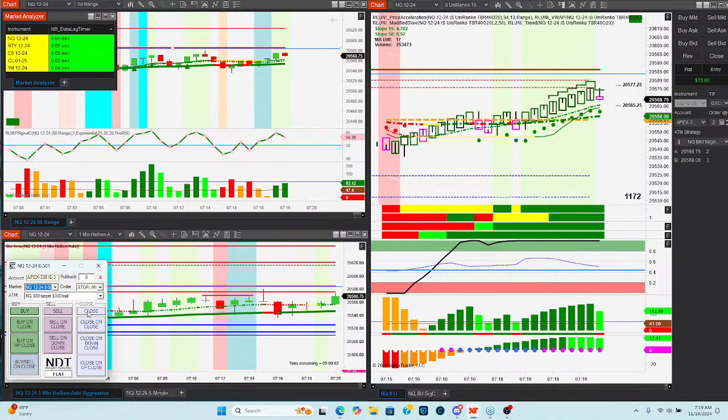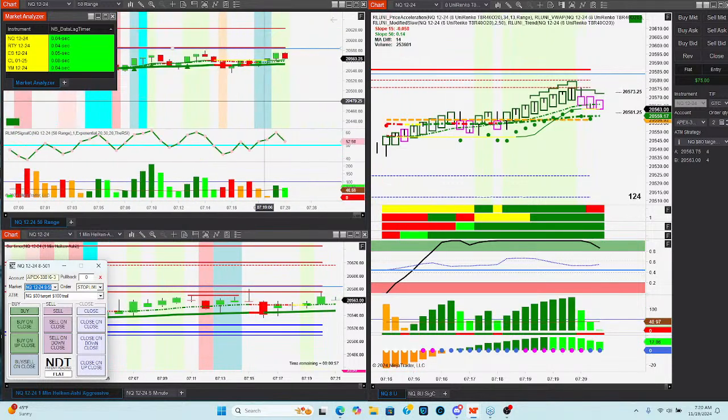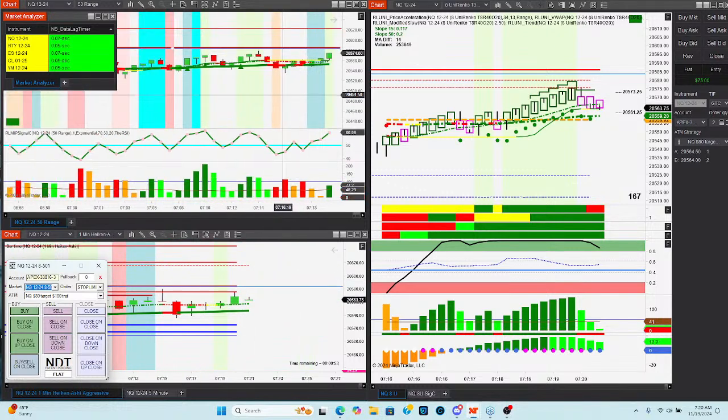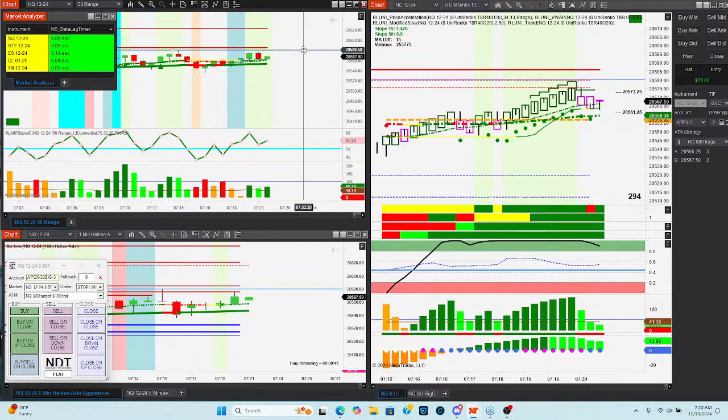Order canceled. Gotta respect it. It's just too many times, even on the 1 minute, it's caused some challenges. So I think until this pops through here, you can just see where the sticking point is. It's this pivot.